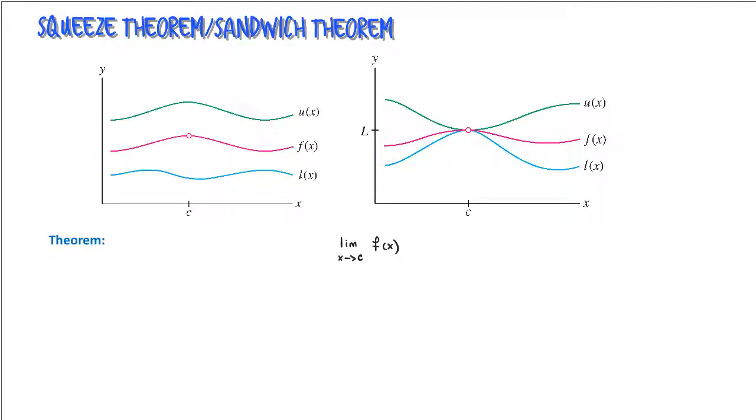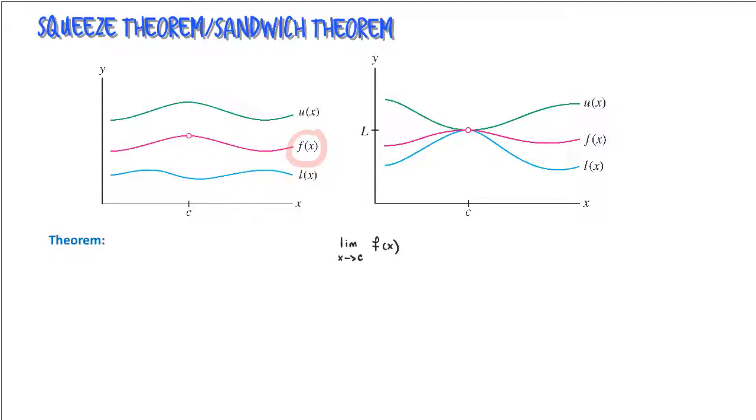The theorem says the following. Imagine that your function f of x, I'm going to go ahead and highlight it. Here is f of x. Your function f of x is such that it is between u of x and L of x. U and L are two other functions that we are going to have to find.